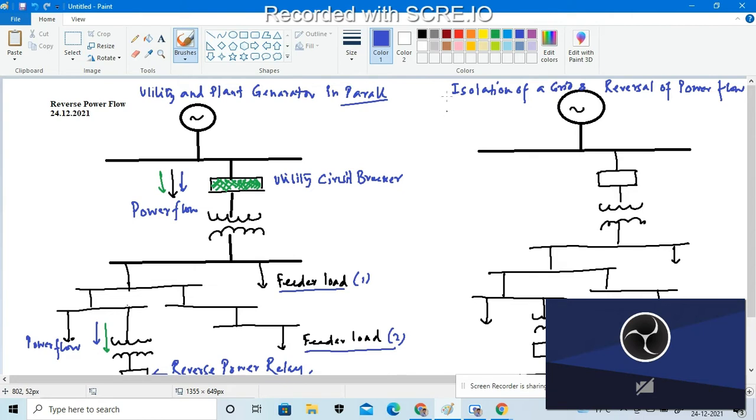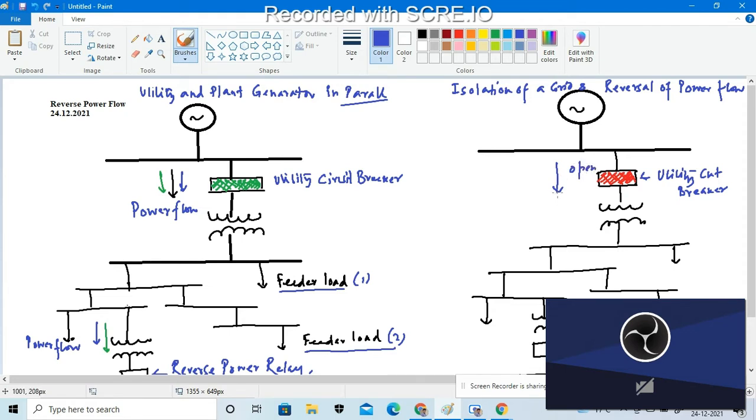So here also we are connecting one utility circuit breaker over here. We are connecting the utility circuit breaker, and the power flow will be in these directions. And we can say this is open.